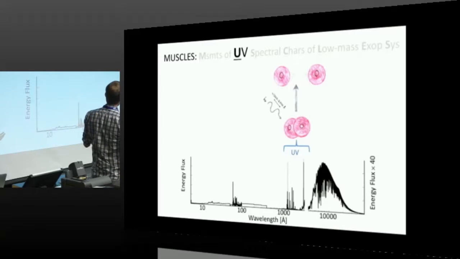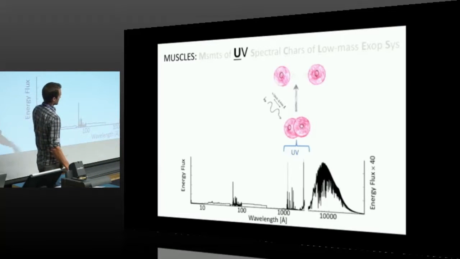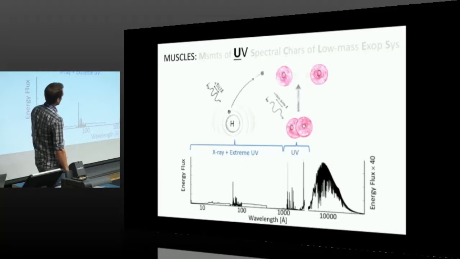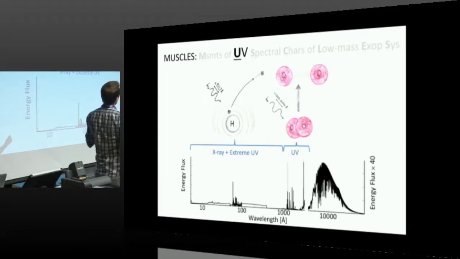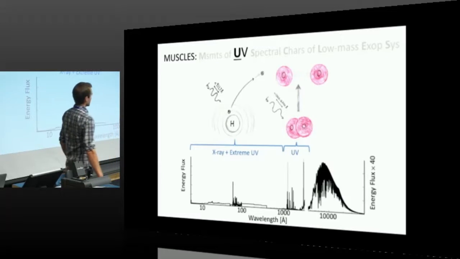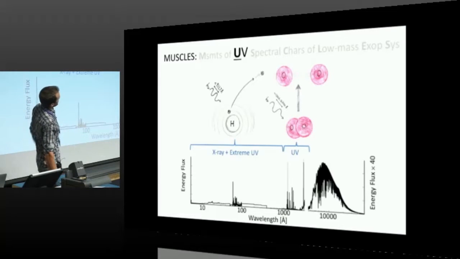So, for example, you can dissociate oxygen. And we were also curious about slightly shorter wavelengths, the X-ray and extreme ultraviolet, because these have enough energy to eject an electron from an atom. And this actually plays a big role in heating the upper atmosphere of planets. So that's the ultraviolet part of this. OK.